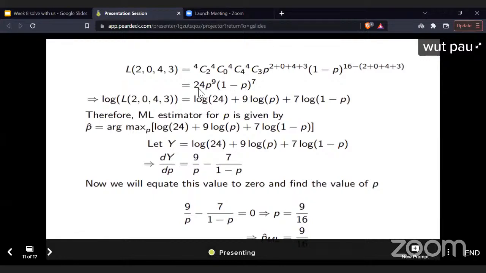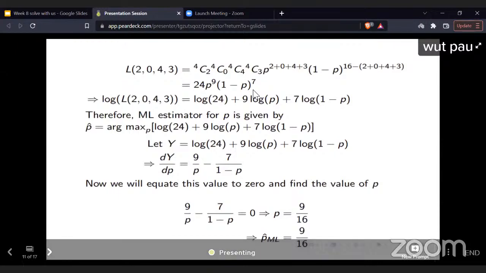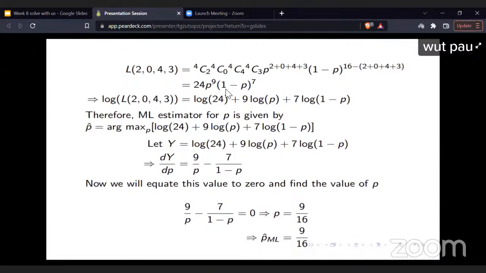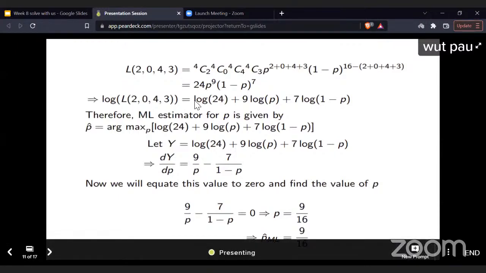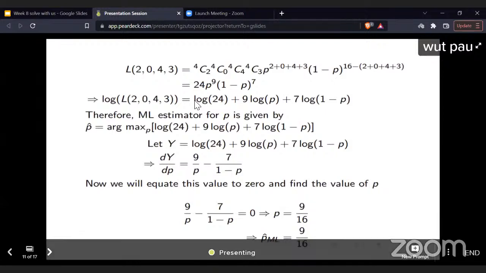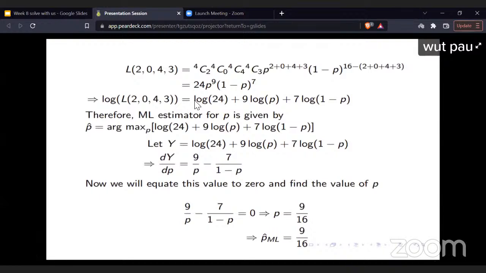You can consider 24 as a, p to the power 9 as b, and (1 minus p) to the power 7 as c. So log of a times b times c becomes log of a plus log of b plus log of c. This is what we have used here, and we got the log likelihood to be log of 24 plus 9 times log of p plus 7 log of 1 minus p.